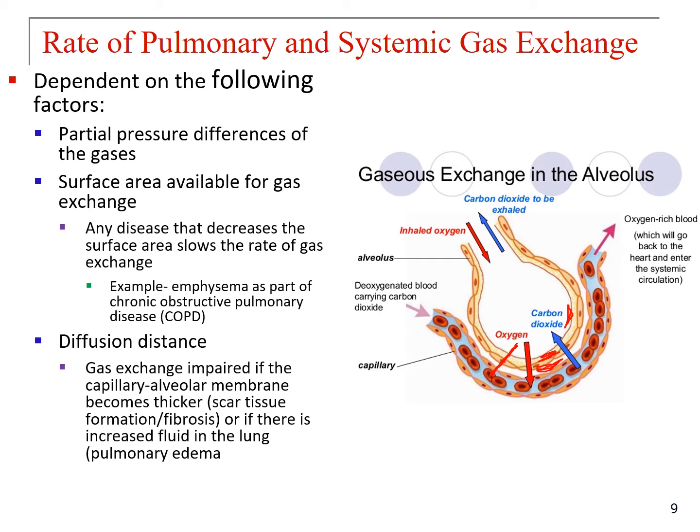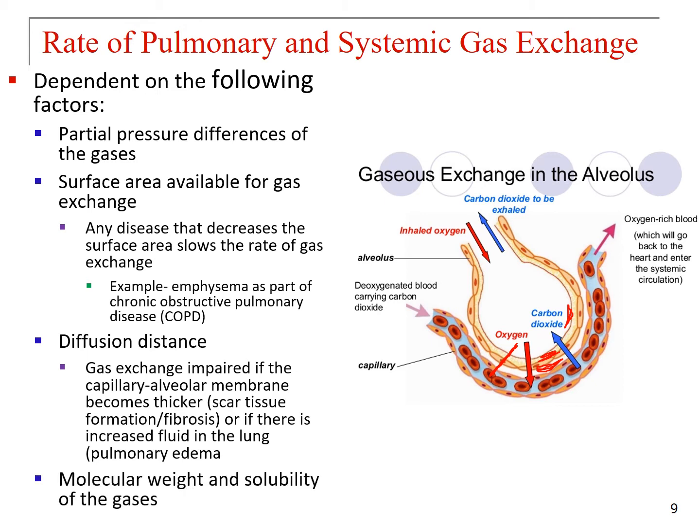You increase diffusion distance, you make diffusion harder. And again, because it's so difficult to get oxygen to dissolve into the bloodstream, if you increase diffusion distance, you're going to impair your oxygen intake pretty dramatically.